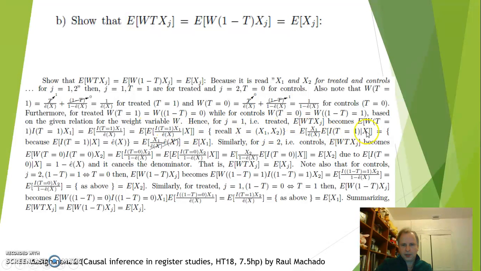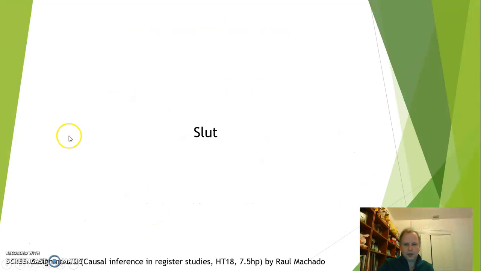But this inner expectation is the estimated propensity score here, and they cancel each other, and you get this. The equivalent for the second part, for the control part, you can see here. I won't go through this because it's very easy to read. I'm running out of time. And the same for the case when we deal with this part. So this is a summary, you get this proof. Thank you for your attention.